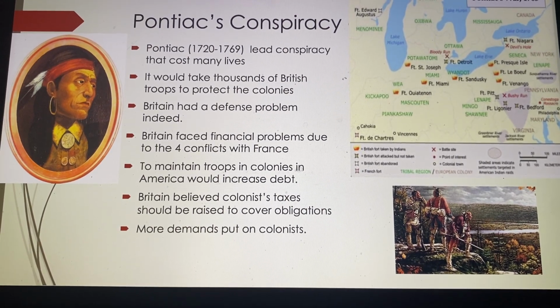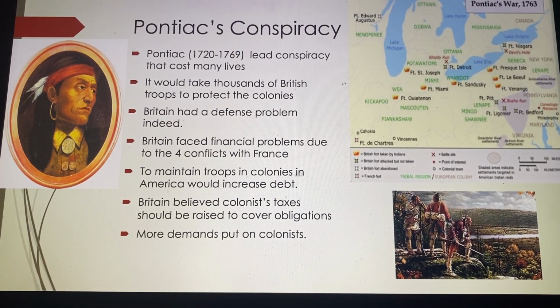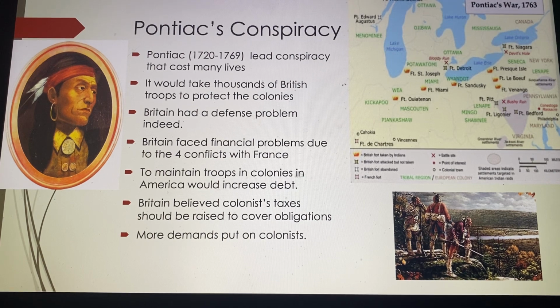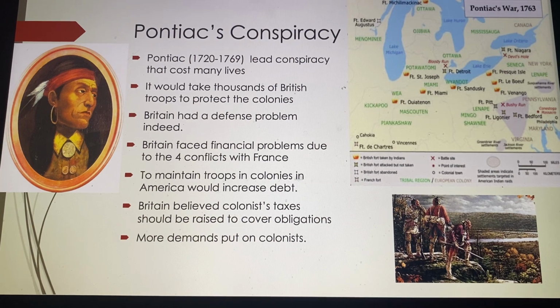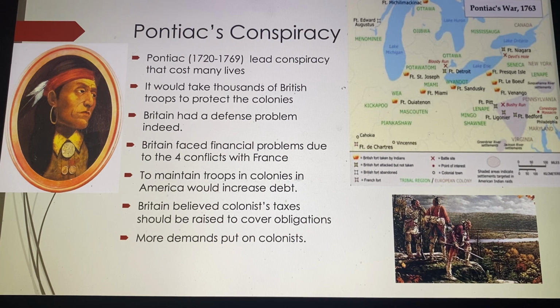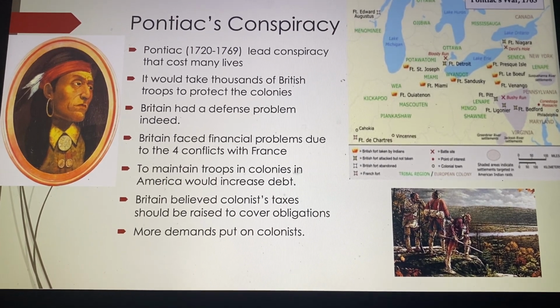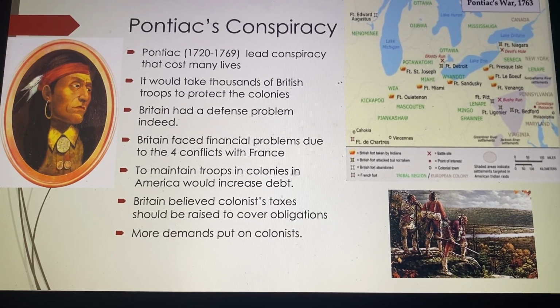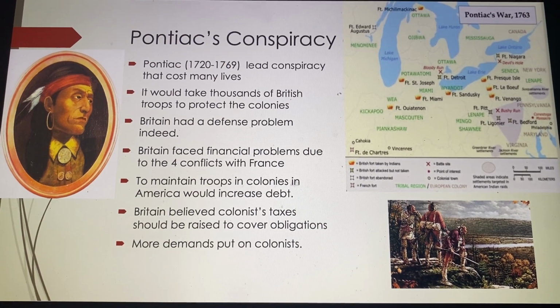Pontiac's conspiracy. Pontiac, 1720 to 1769, led a conspiracy that cost many lives in America. It would take thousands of British troops to protect the colonies, and Britain had a defense problem indeed. It could not send all these soldiers over to protect the colonists. Britain faced financial problems due to the war conflicts with France, so they didn't want to spend the money sending troops to protect the colonists against Native American conspiracies.